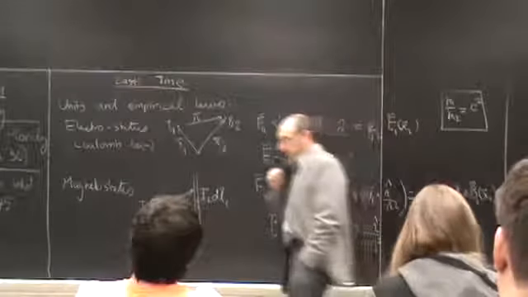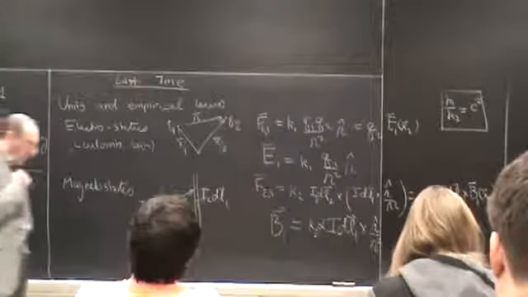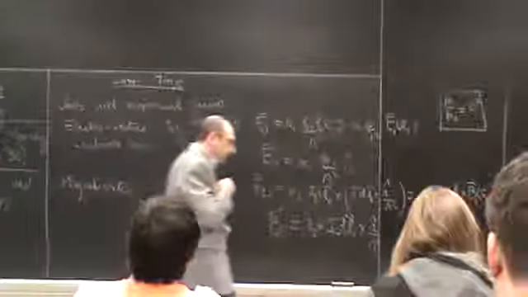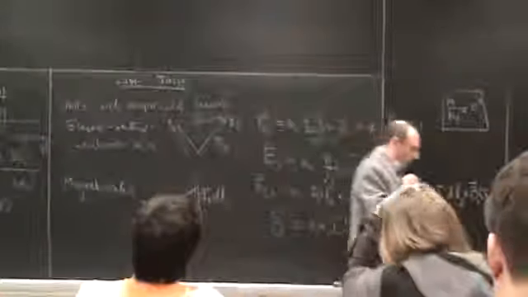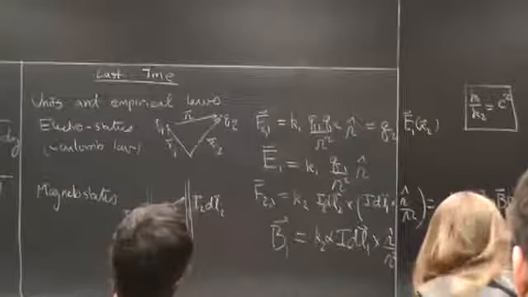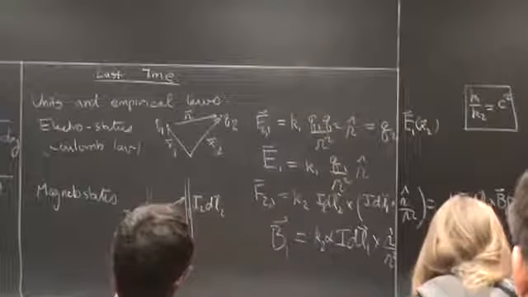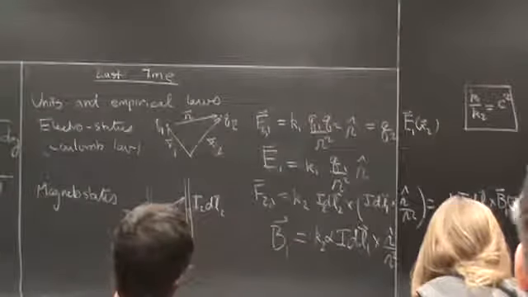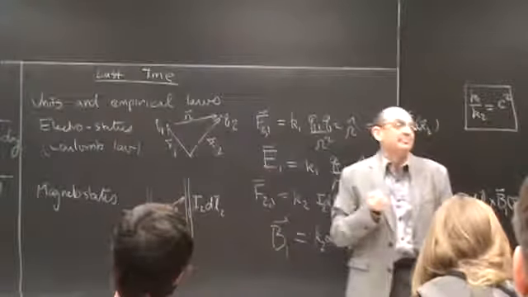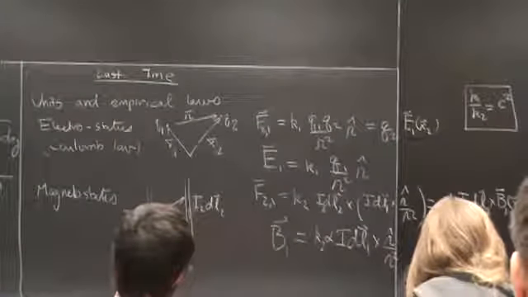The point here is that we need to define some conventions for the units, and the whole point is that when we deal with electricity and magnetism, we have a new quantity, charge, and somehow the units of charge need to be related to the units of force. That's the whole story.